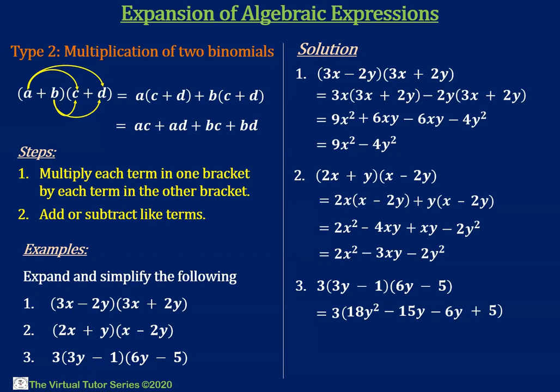Grouping like terms, we have 3 bracket opens, 18y squared and negative 15y minus 6y gives us negative 21y, and then plus 5, bracket closed.